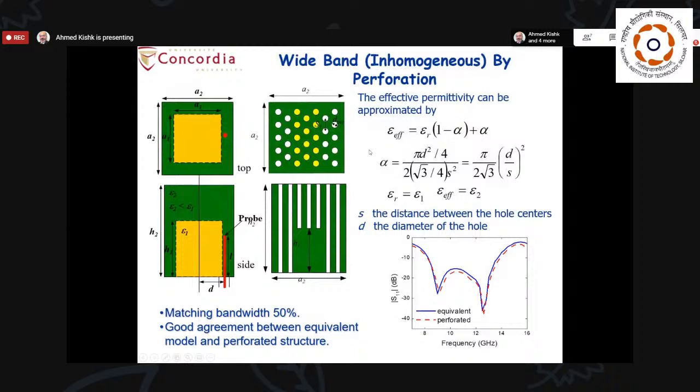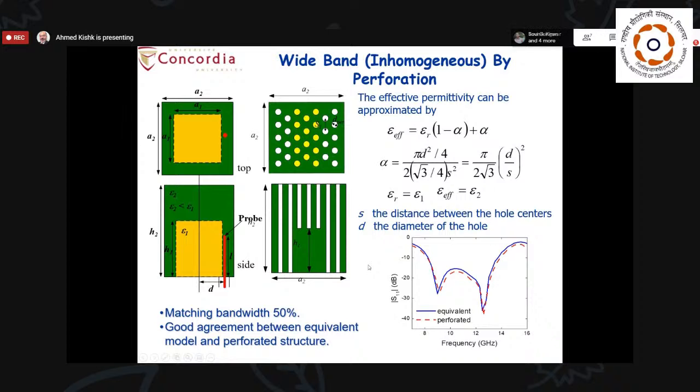Also, instead of having two different dielectric materials, we can make the dielectric resonator from one high dielectric constant material, and reduce the dielectric constant of the material around this by having holes. This sort of volume ratio can control the effective dielectric constant using this expression, for example. Here we had some simulation for the exact geometry with the holes, and one using the effective permittivity as such, and we can see very good agreement between the two models.